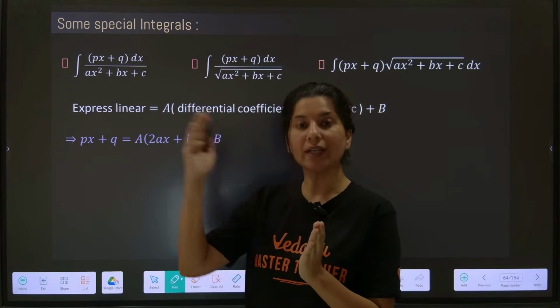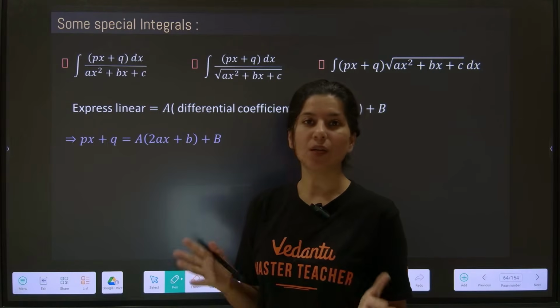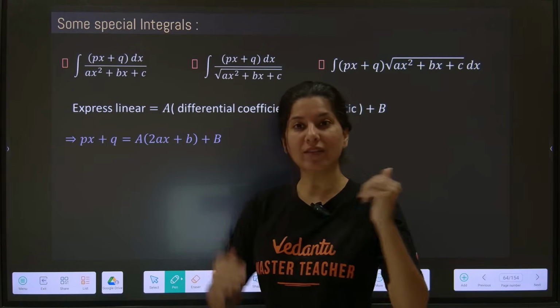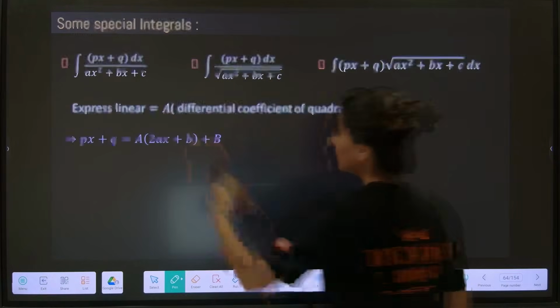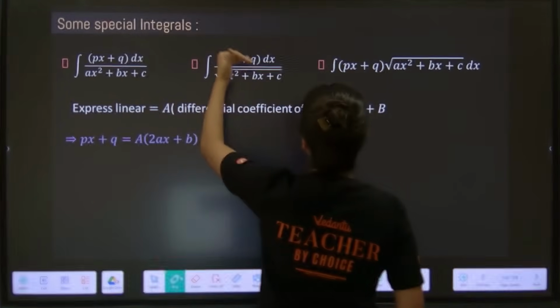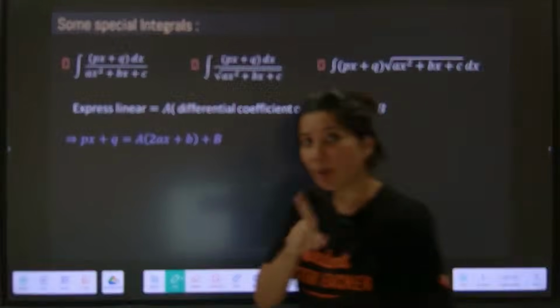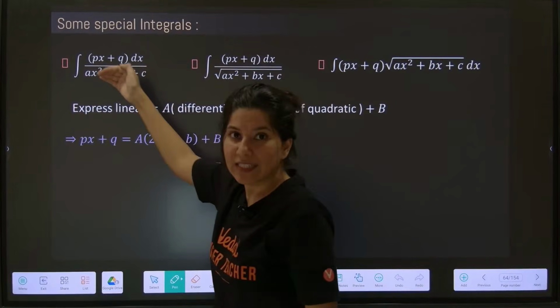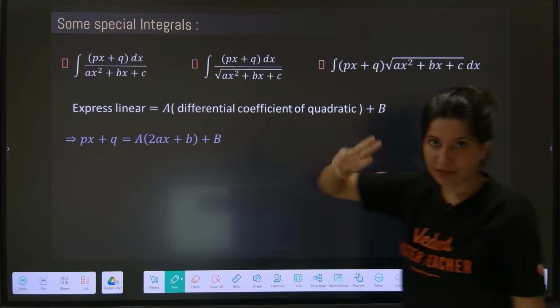Quadratic, root quadratic, 1 by root quadratic. Whenever you see that, just convert into a perfect square and eventually one or the other formula will fall into place. Now whenever you see linear by quadratic, linear by root quadratic and linear into root quadratic, can you see the format is the same? Previously it was 1 by quadratic, 1 by root quadratic and root quadratic. These were the three things.